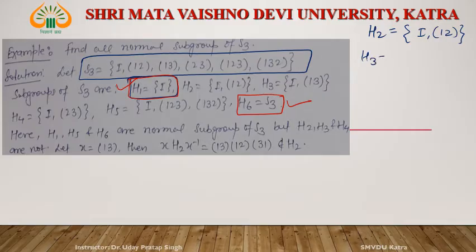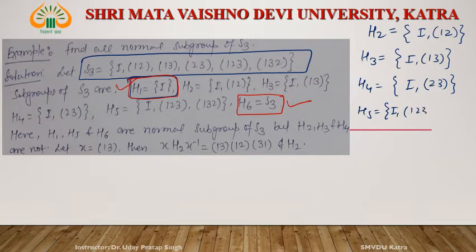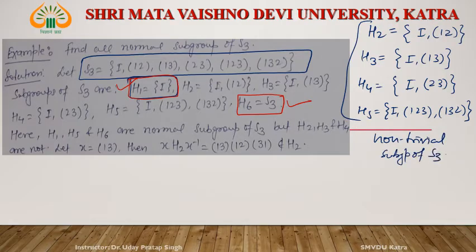What is H3? I, (1 3). What is H4? I, (2 3). What is H5? I, (1 2 3) and (1 3 2). Right? These are the non-trivial subgroups of S3.